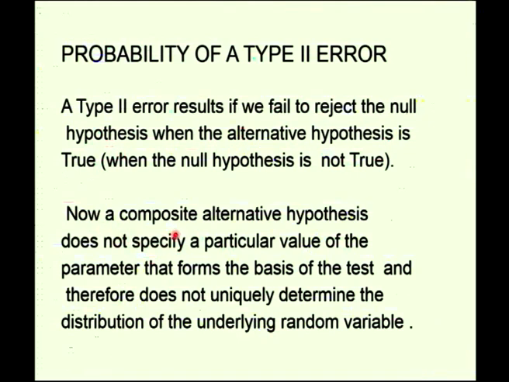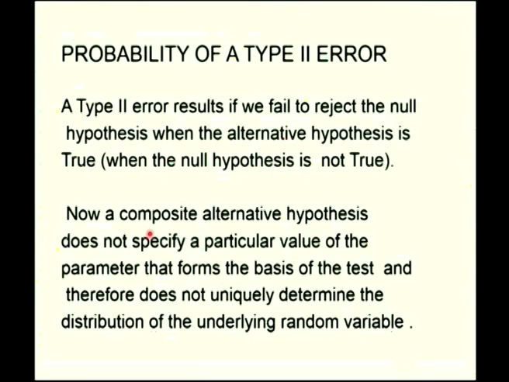Now, a composite alternative hypothesis, composite in the sense H A such that mu is not equal to mu naught. For mu not equal to mu naught, there are two possibilities, mu greater than mu naught and mu less than mu naught. That type of alternative hypothesis is called composite alternative hypothesis. It does not specify a particular value of the parameter that forms the basis of the test, and therefore does not uniquely determine the distribution of the underlying random variable.